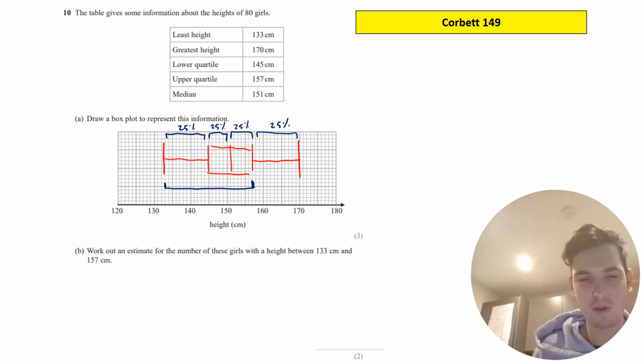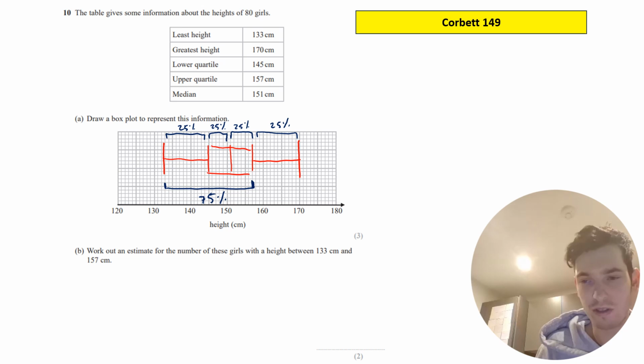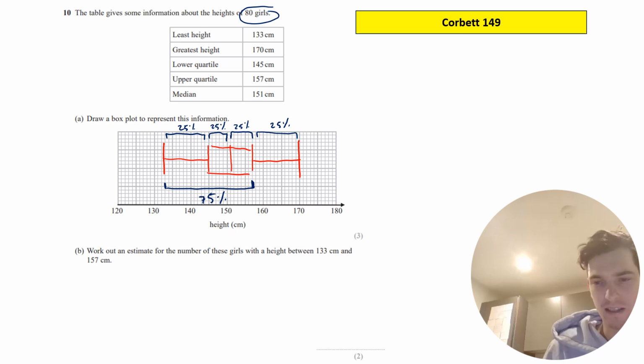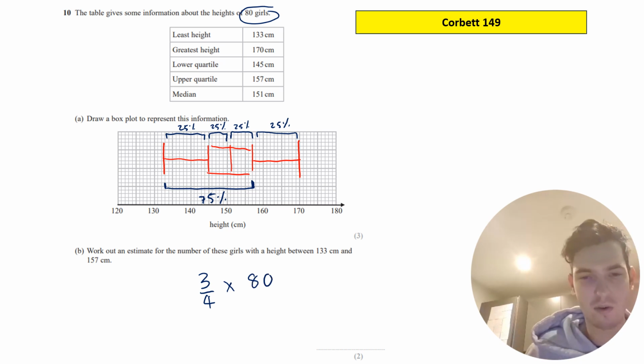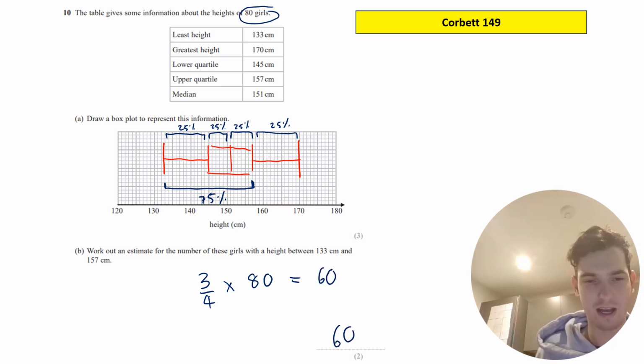So how much do I have between 133 and 157? Well, I've got 75%, or 3/4. And the question tells me in total how many girls there are, 80. So I'm going to do 3/4 of 80. Well, 1/4 is 20, so times that by 3 and I get my answer of 60. Next question.